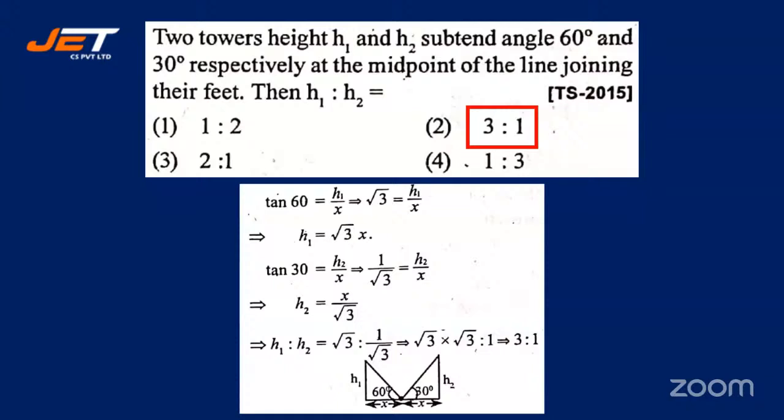Root 3. Root 3 is equal to H1 by X. Therefore, H1 is equal to root 3 X. Next, you have H2 by X. What is H2 by X? Tan 30. 1 by root 3. So, therefore, H2 is equal to X by root 3. So, here you want H1 is to H2. So, root 3 X is to X by root 3. Right? So, therefore, it is 3 is to 1. Your option 2 is the correct one.